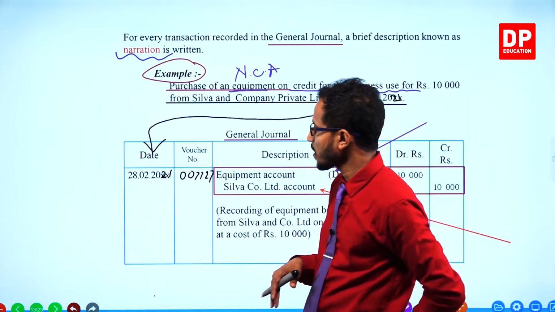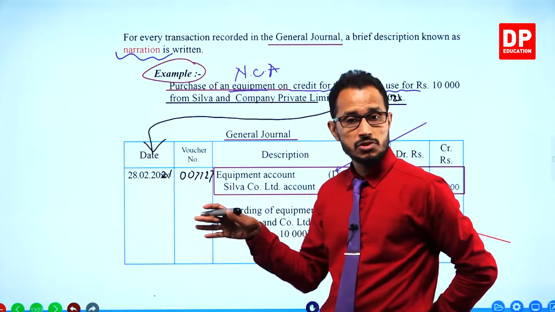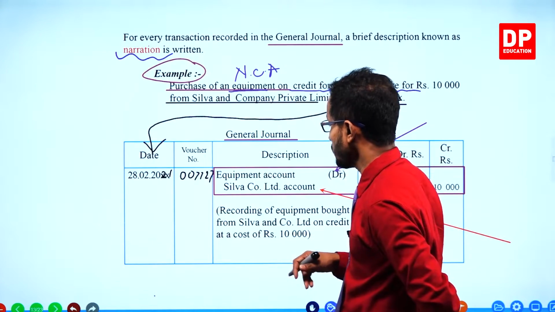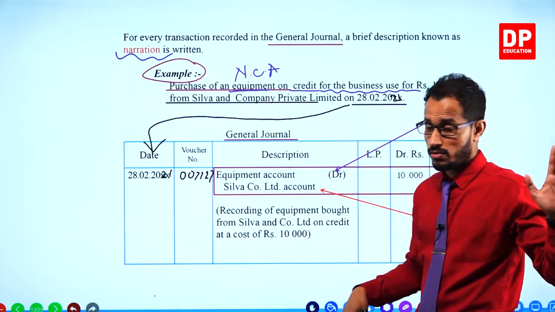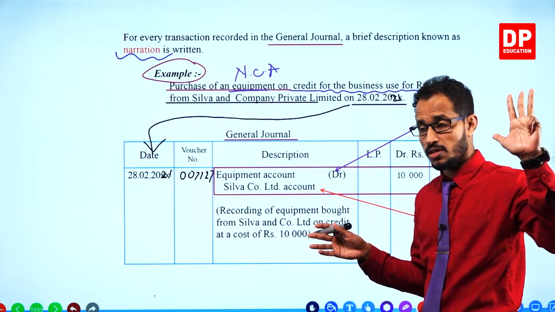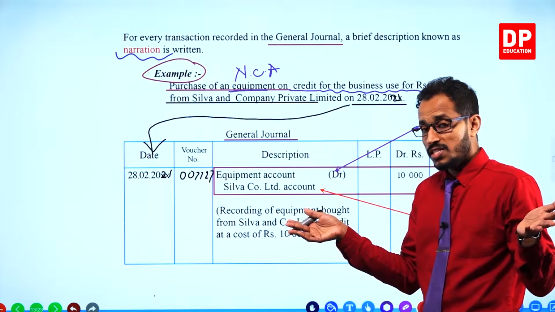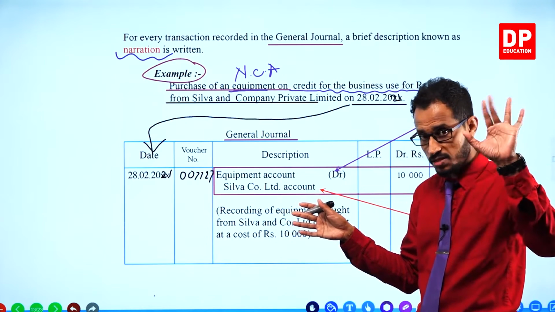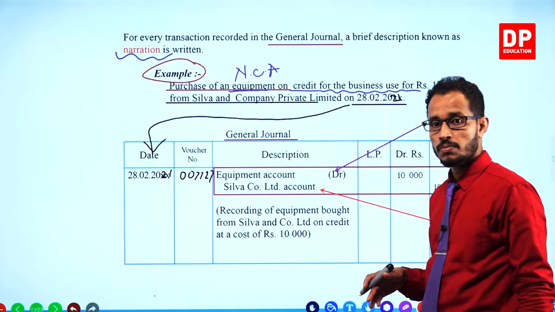Remember, right? In the general journal, children, most of the time, the transactions which you cannot record in the other prime books, the purchases journal, sales journal, purchase returns, sales returns, cash book, petty cash, you put into this general journal.